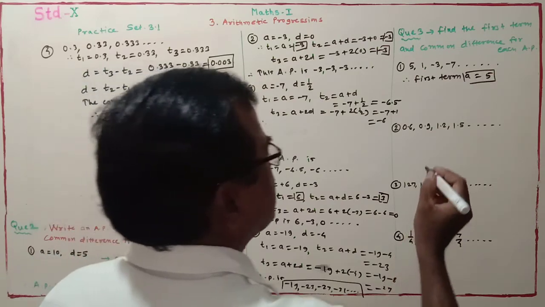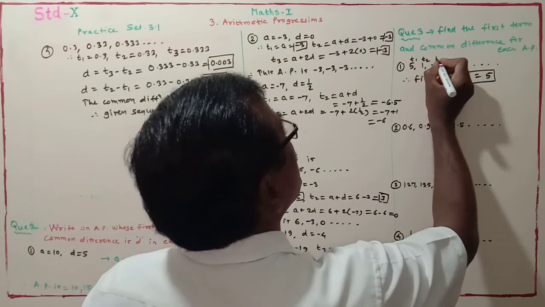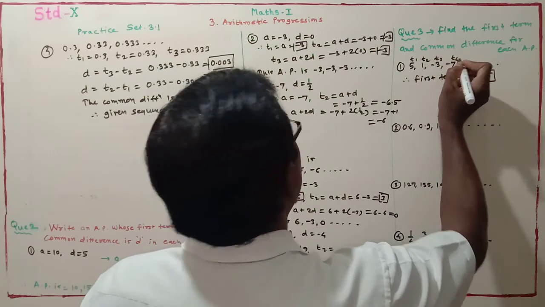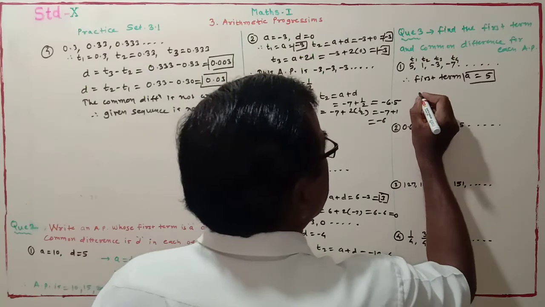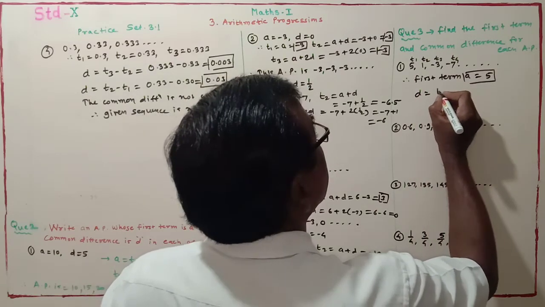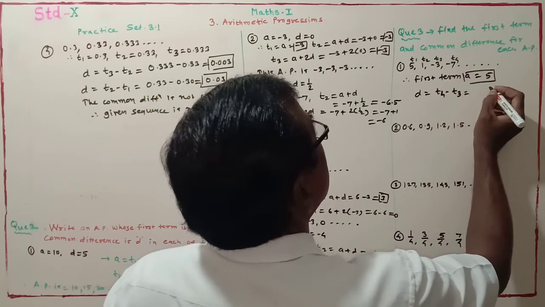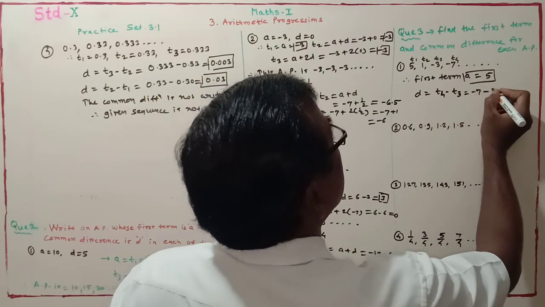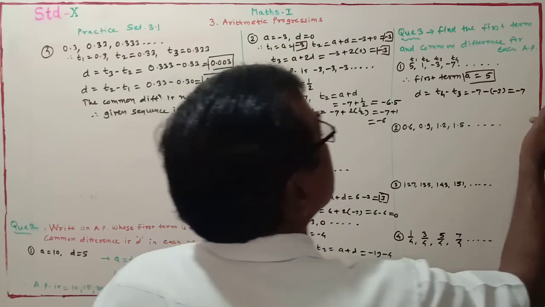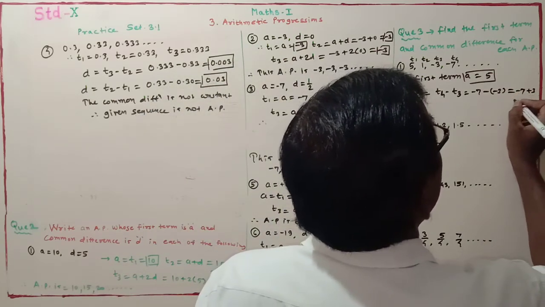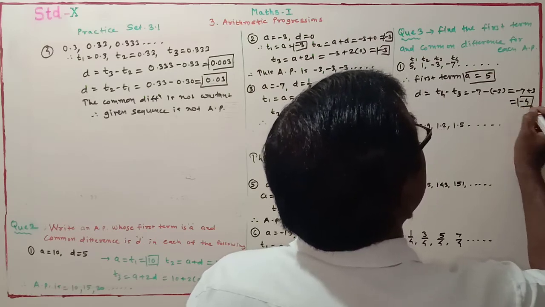And common difference, this is T1, T2, T3, T4, like question number 1. Common difference D is equal to T4 minus T3, T4 is minus 7, minus 3 is equal to minus 7 plus 3 is equal to minus 4. This is common difference.